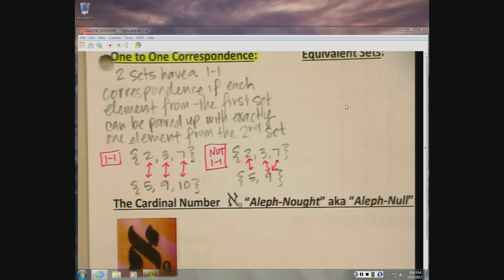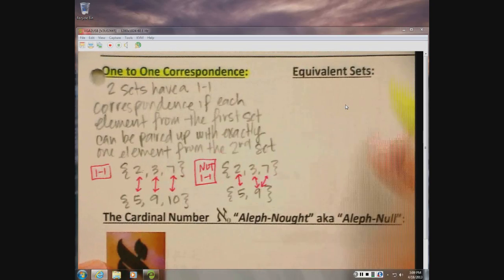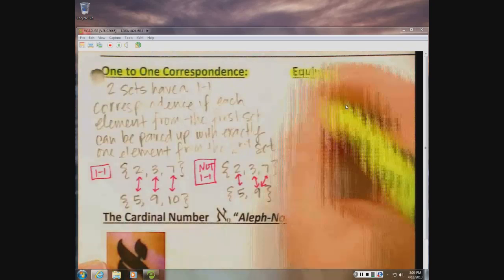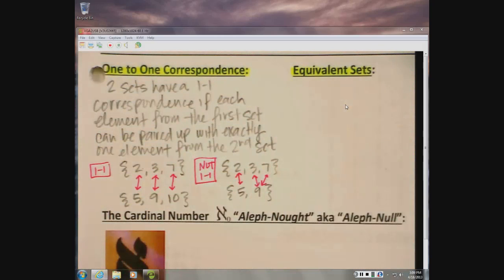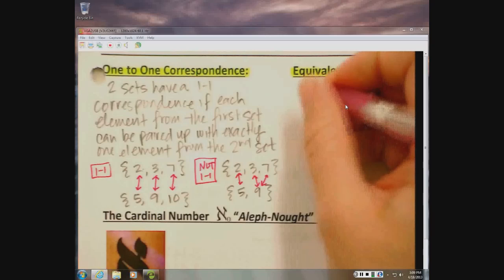All right. Let's talk about equivalent sets. Two sets are equivalent if you can put them in a one-to-one correspondence.